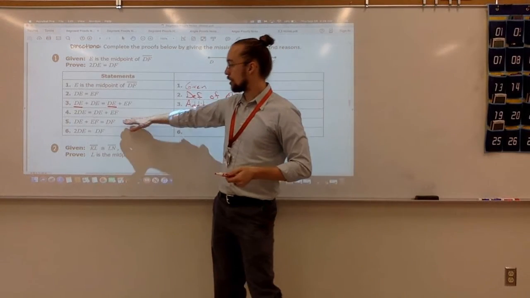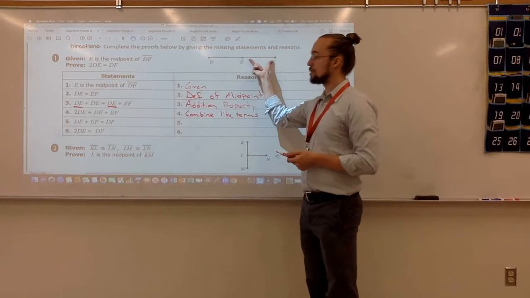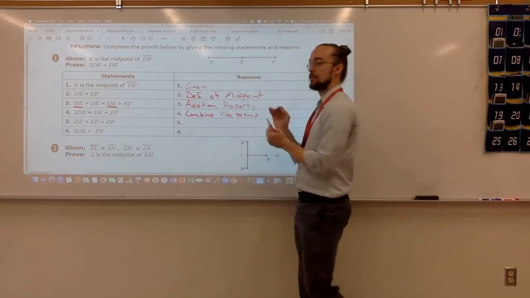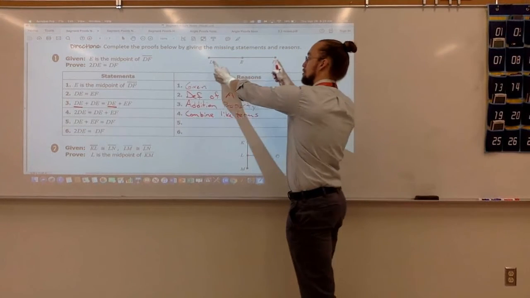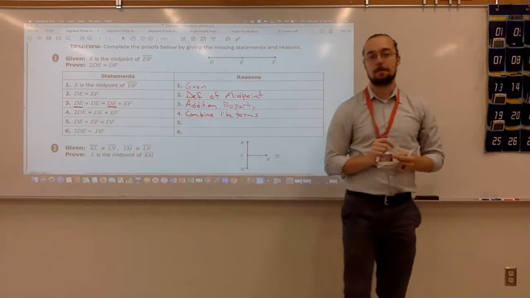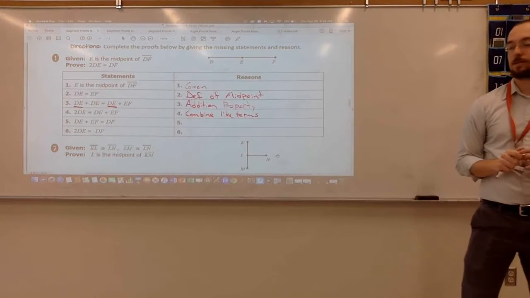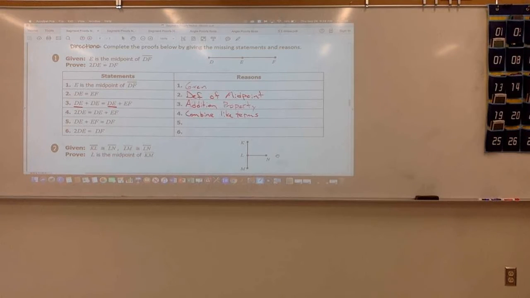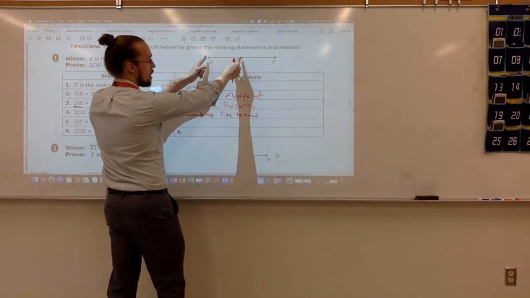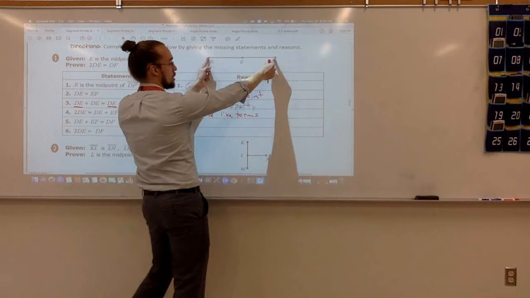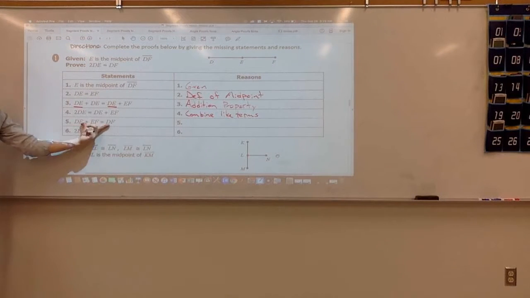So what they're claiming is DE plus EF equals DF. How can I claim that this piece plus this piece equals the whole thing? Not division. Yeah, this one is the segment addition postulate. That was the one where we said if we add two pieces of the segment together, we can get the whole thing. And that's exactly what's happening here: DE plus EF equals DF.